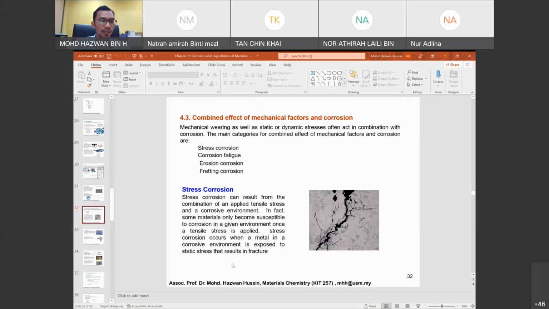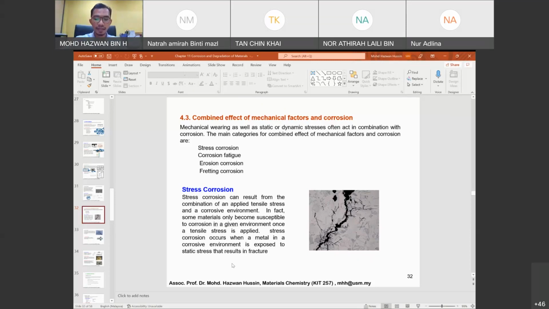In this case, what it means is that you have a load. The load is giving the stress, but at the same time, it is a fixed load. It gives a static amount of stress.